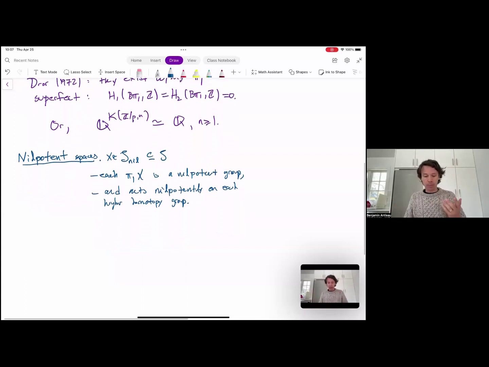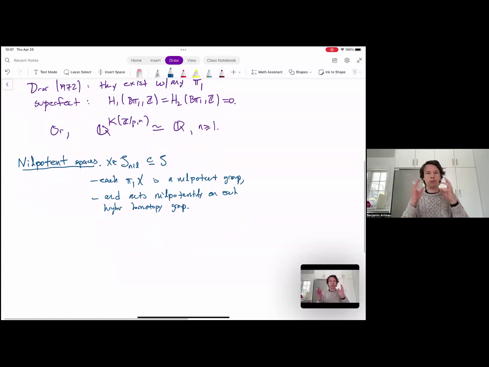And I'm going to have occasion to work with some finite versions of this category. So let me just say, this is not really standard notation, but let's say S^fin inside S^nil.